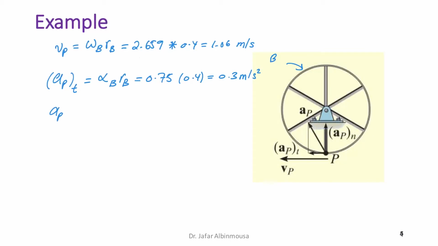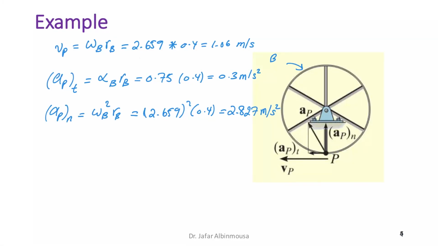Lastly, we have a_P in the normal direction, which is omega B squared R_B. So this is 2.659 squared multiplied by 0.4. This is going to give 2.827 meters per second square.